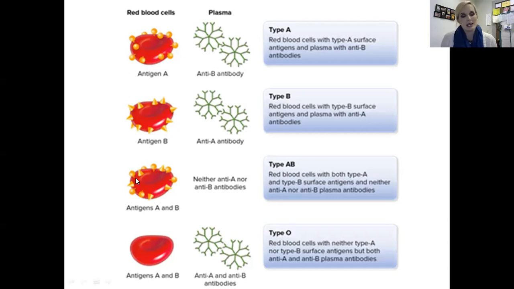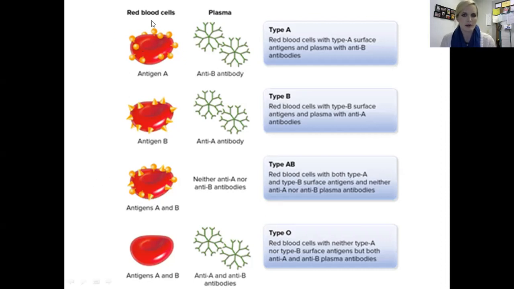Those that are type AB are considered the universal recipient. Anybody who is type AB can typically receive blood from anybody, and here's why. If I'm type AB and I am needing a blood transfusion, could I receive blood from somebody who is type A?